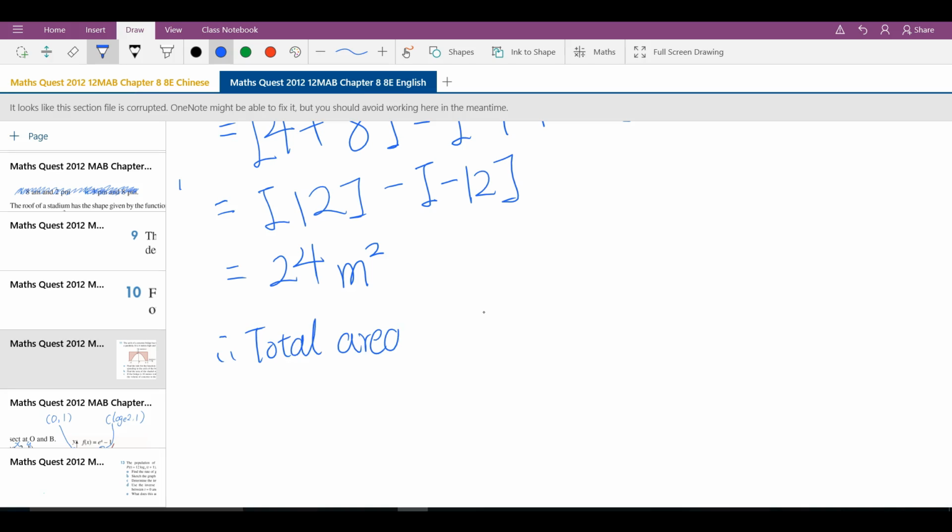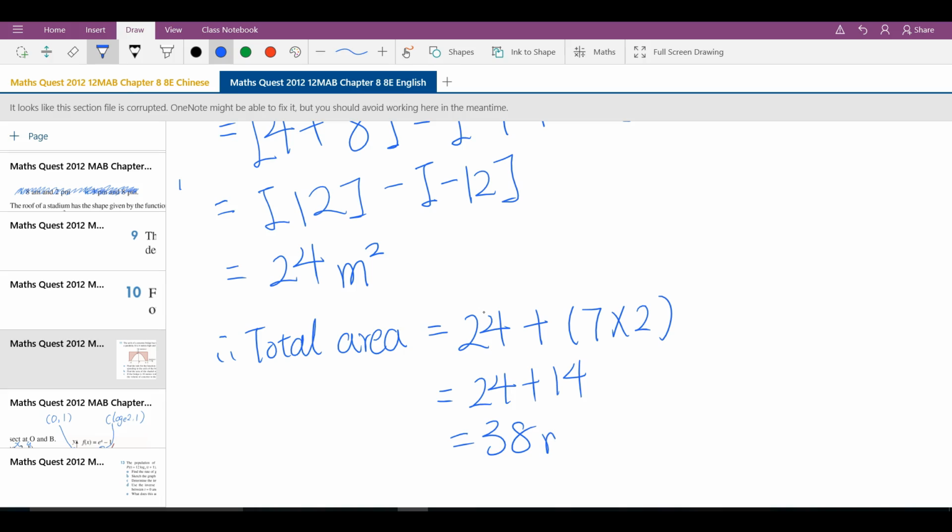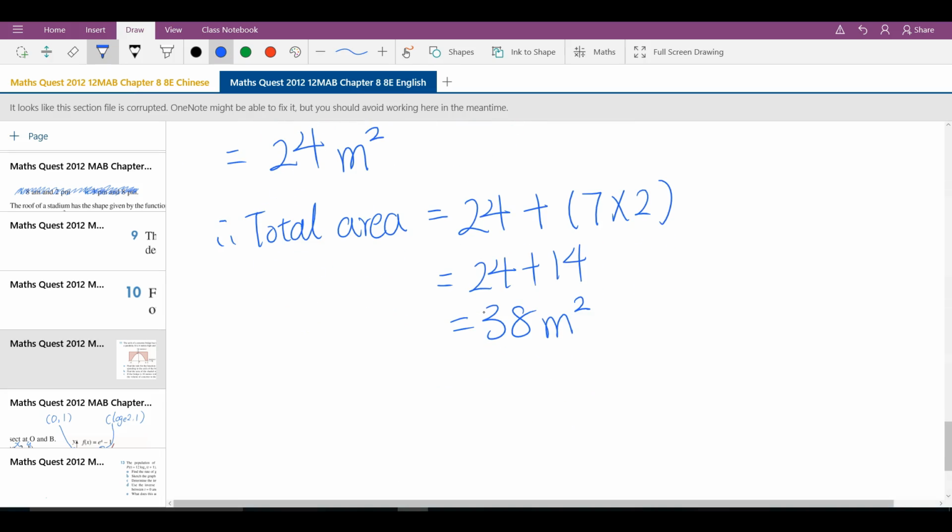Remember those two rectangles, we have to add them now. The total area equals 24 plus 7 times 2, because it's 2 rectangles, one on the left, one on the right, right? So that's 24 plus 14, which gives you 38 meter square. All right, so that's the answer.